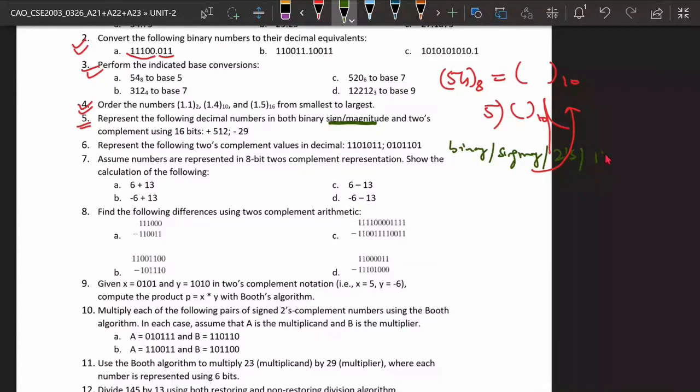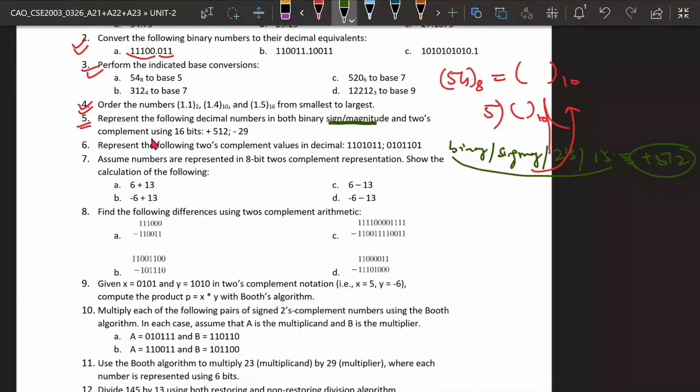So whatever the representation is, it will be the same for all positive numbers. But in case of sign magnitude and 2's complement for -29, there will be a difference.